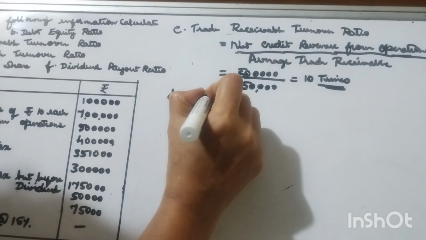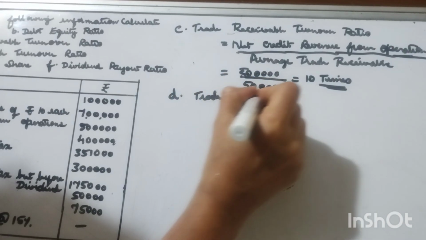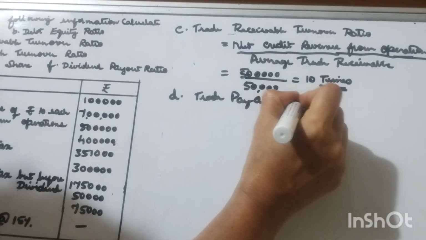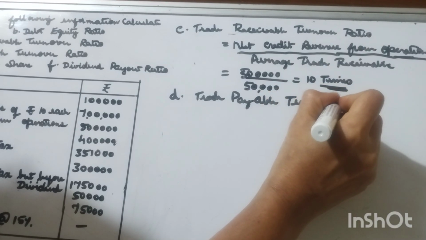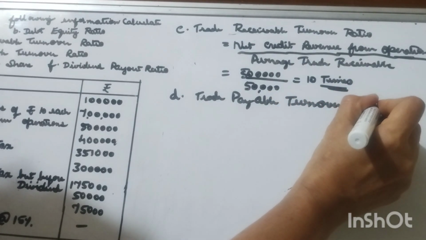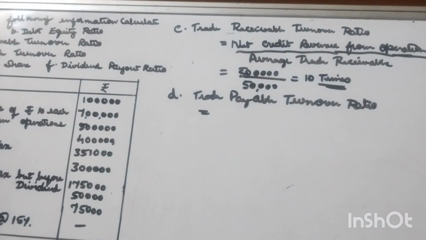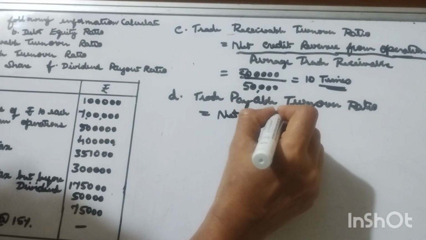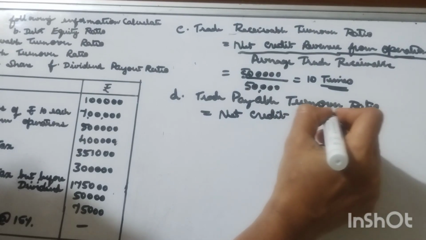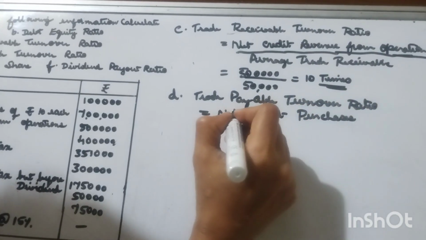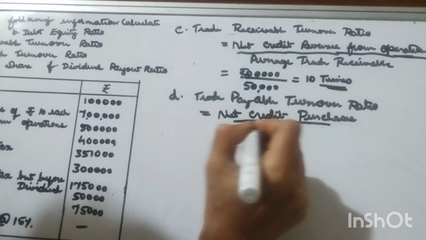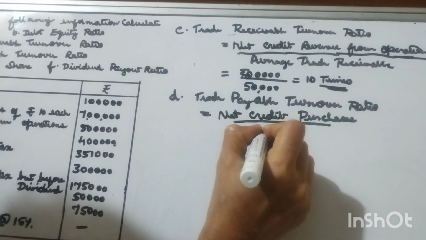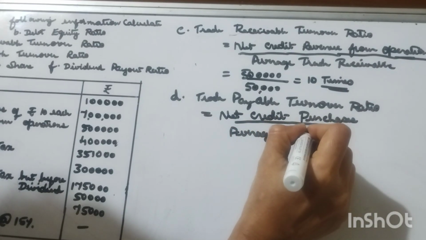Next, trade payable turnover ratio. The formula for the calculation of trade payable turnover ratio will be net credit purchases divided by average trade payables.